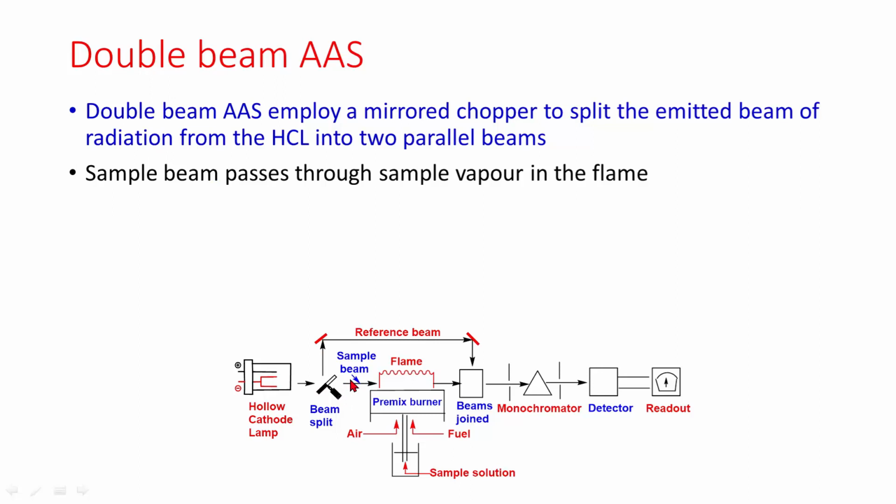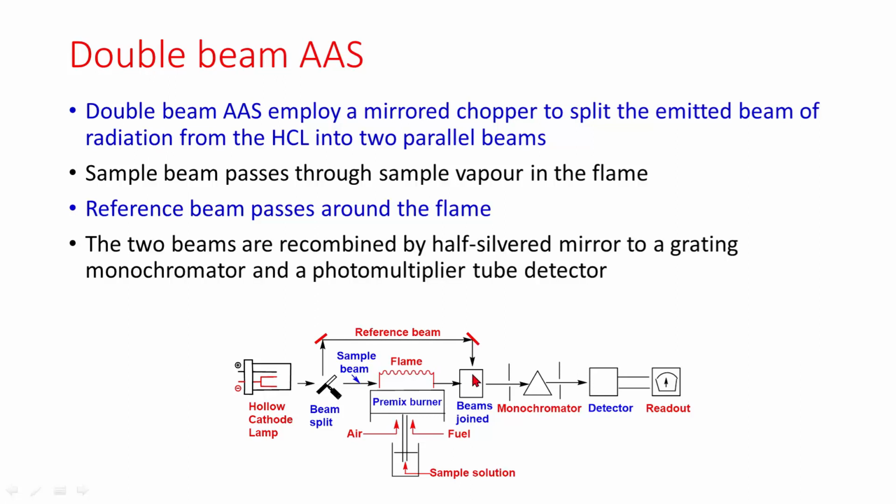The sample beam passes through the flame which contains the sample, that is gaseous atoms of an element. The reference beam passes around the flame. The two beams are recombined by a half silvered mirror to a grating monochromator and a photomultiplier tube detector.